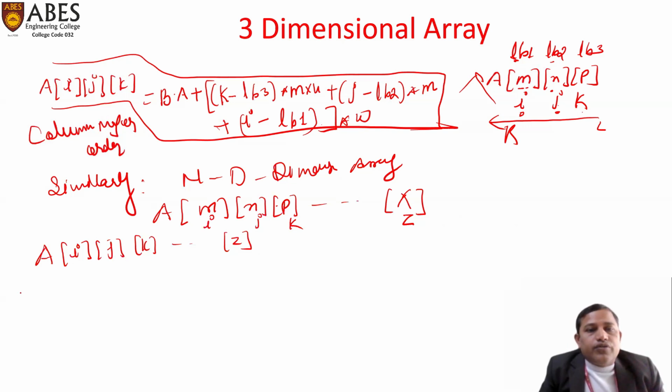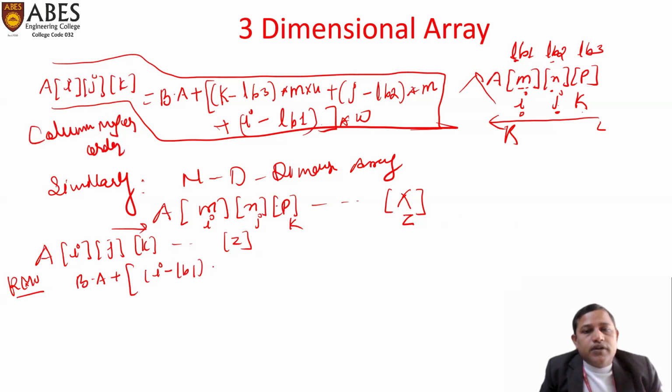Now if you want to find the address according to row measure order, then simply go from left to right. First base address plus i minus lower bound of i, that is LB1, multiplied by the remaining size of elements, that is n, p up to x, plus j.